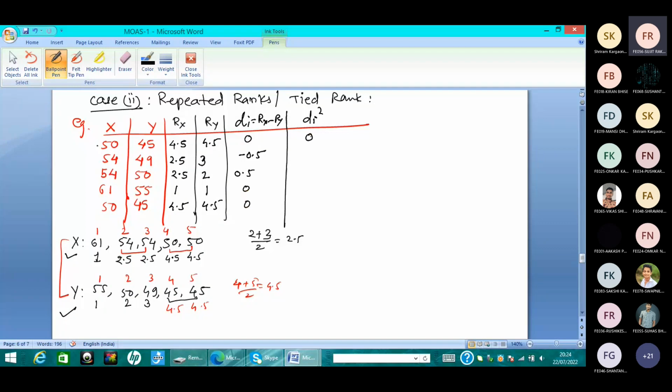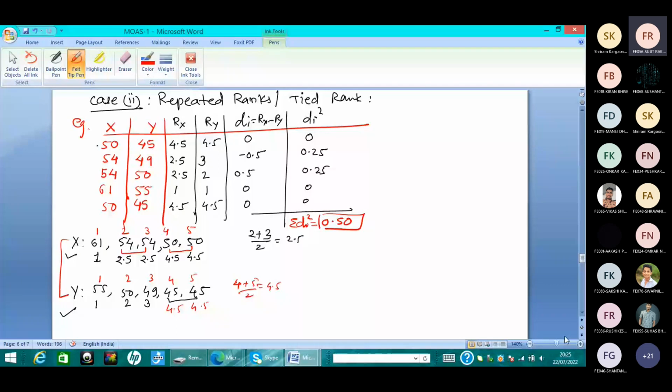So see the difference, square: this is 0.25, it is 0.25, again it is 0, it is 0, and you want the summation di square here. Okay, so it is 0.50. You understand this?